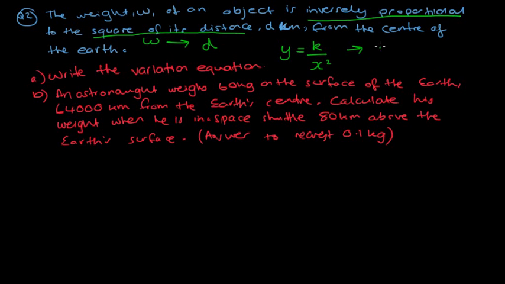So we're going to put W equals k over d squared. We've already answered the first question there, so I'm just going to put an A in front of that, because that's all they've asked us to do. There are no values in that question, so obviously we can't put the value of k in for that variation equation.